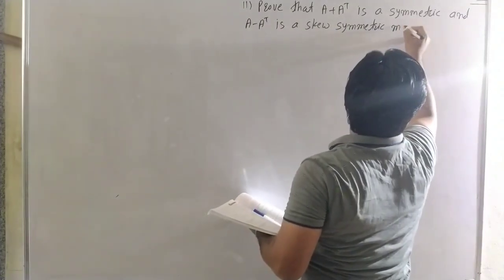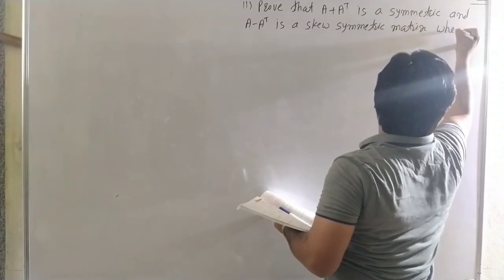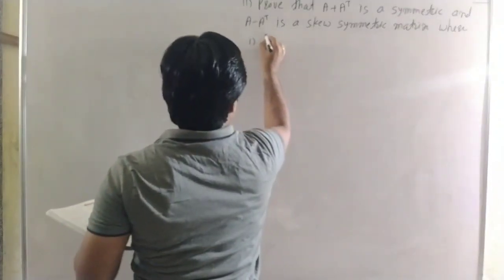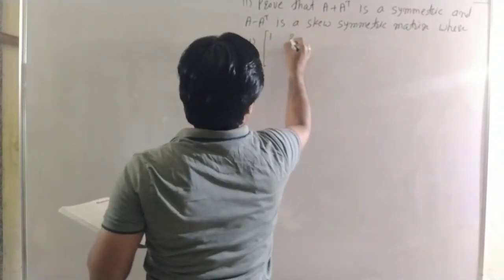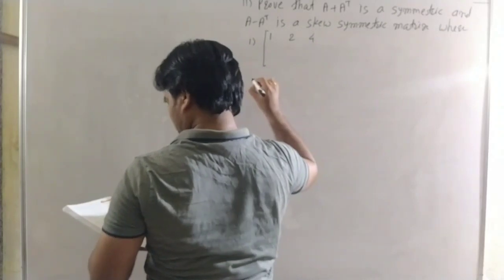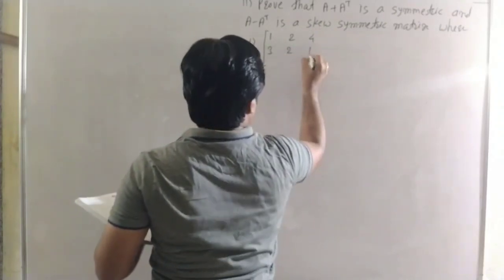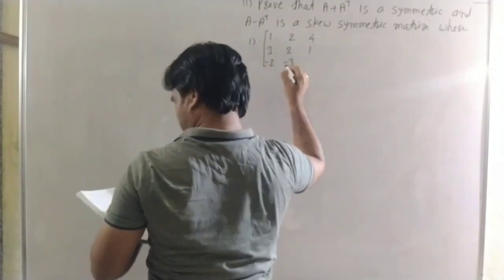Matrix A, where the first example is A equals 1, 2, 4, 3, 2, 1, minus 2, minus 3, 2.